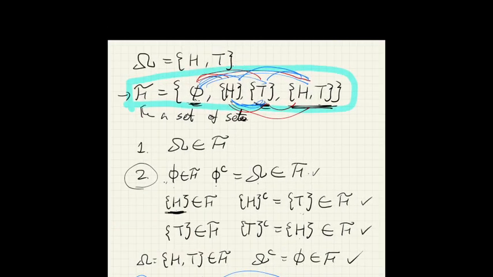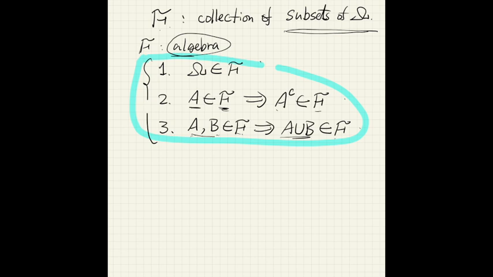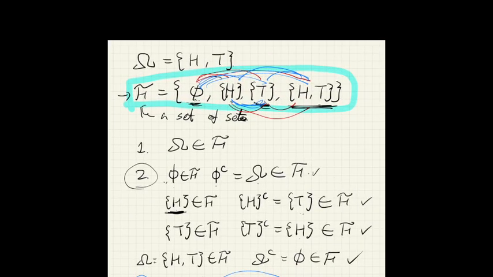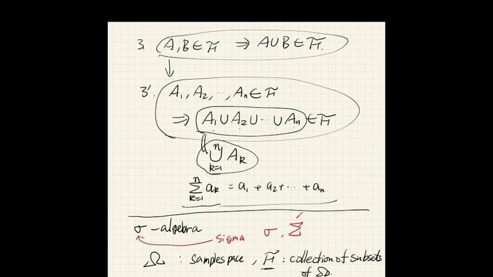In algebra, there were only two sets, two elements involved, right? But from this, you could derive that the same holds for any finite number of elements, like this.